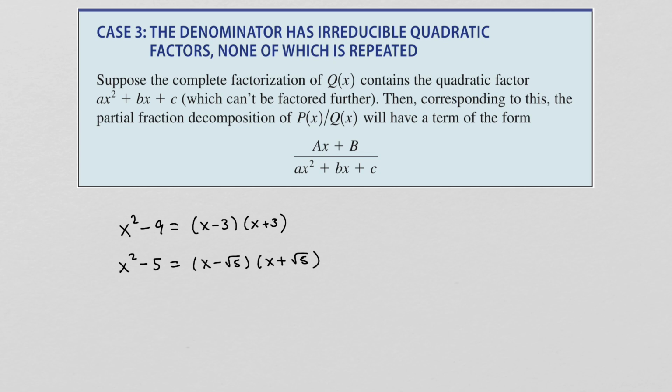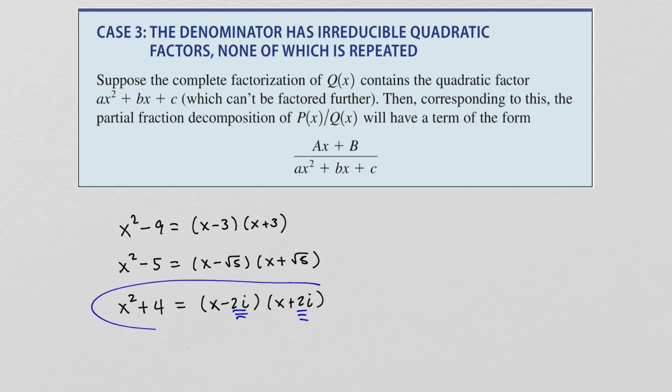So you have x minus radical 5 and x plus radical 5. So when we say an irreducible quadratic, we're talking about things like x squared plus 4, where the only way you can factor it is if you use complex numbers, okay? So an irreducible quadratic is something like this.